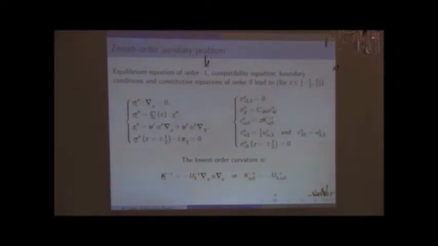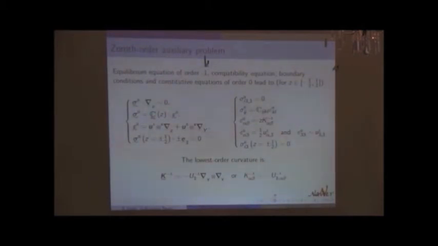From the previous result, we inject this information inside the definition of the strain, and we see that the in-plane strain is directly proportional to what we will define as the curvature tensor, and is fully determined in this problem.